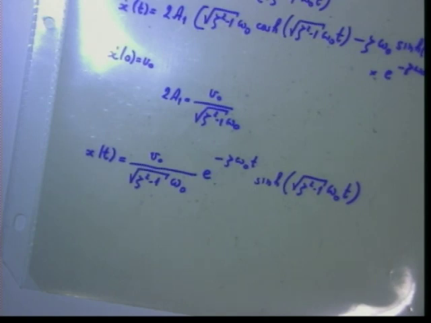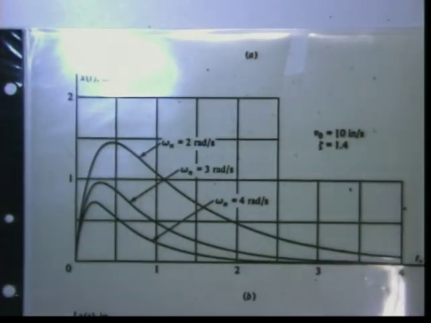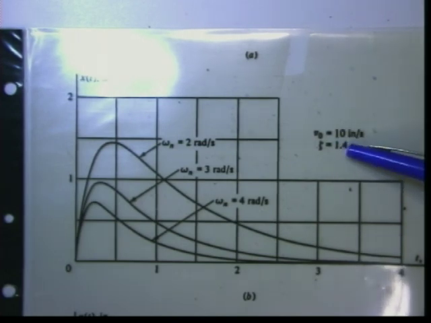Homework. Maybe I will first give you a figure of how this behaves. That is how it behaves. V sub 0 is 10, zeta equals 1.4.